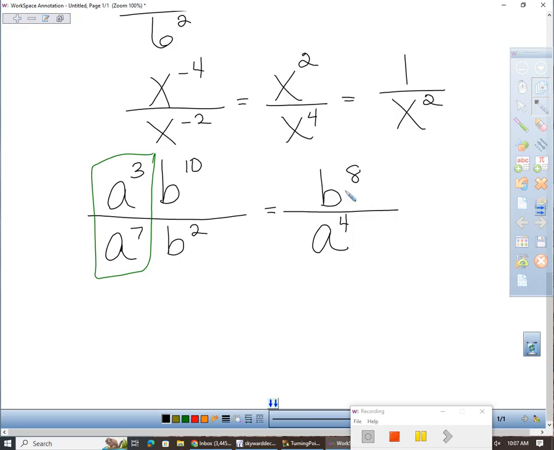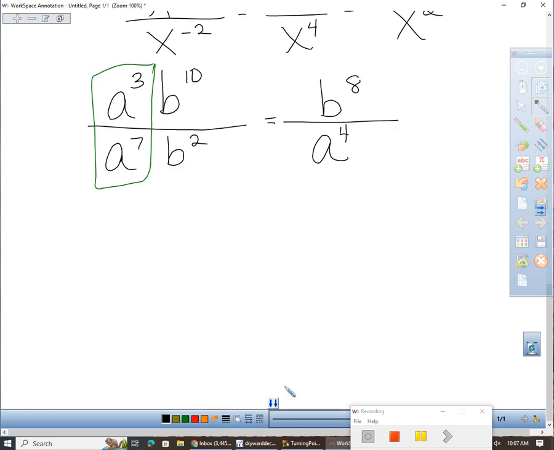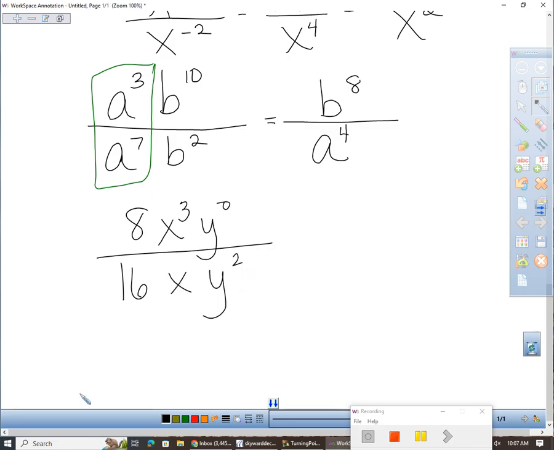All right, what haven't I included yet? A fraction or a coefficient in front, right? So let's add that in there. Let's say I have, how about 8x to the third y to the 0 over 16 x y squared.